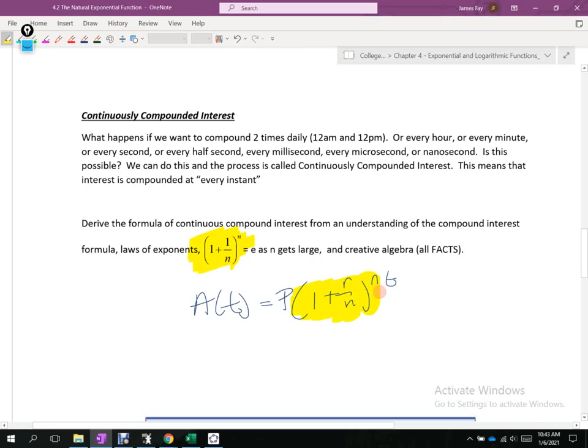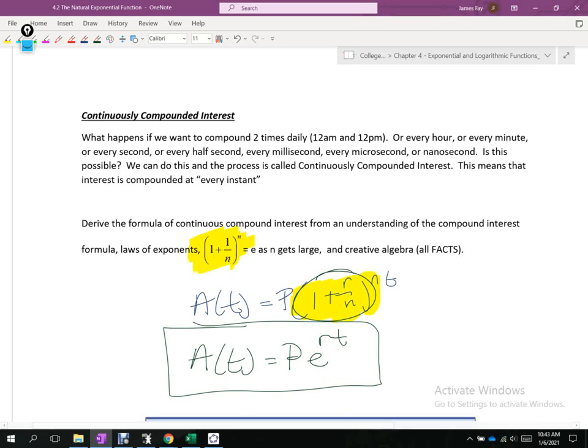Some convenient algebra shows that it takes out this part when we compound continuously, and replaces it with e to the r. That stuff gets replaced with e to the r, and we'll still have that t there. So if I'm compounding something continuously, there's my new formula.